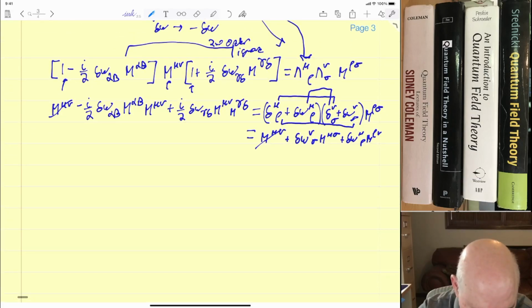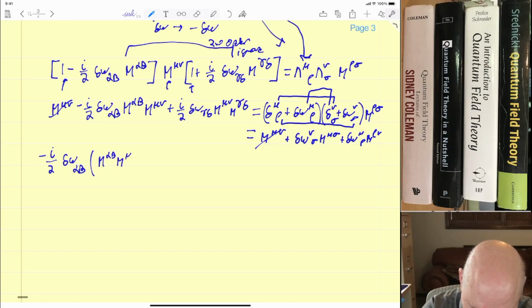And so I get, now working on the left-hand side here, minus i over 2 del omega alpha beta m alpha beta m mu nu. And now, because we have a plus sign here, I put a minus sign here. Minus.